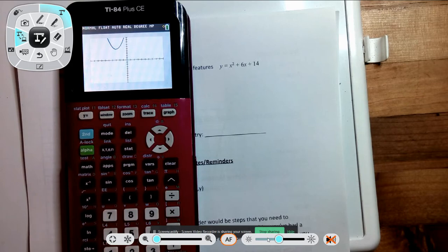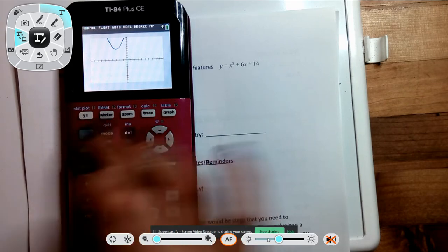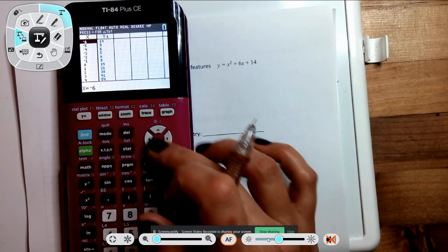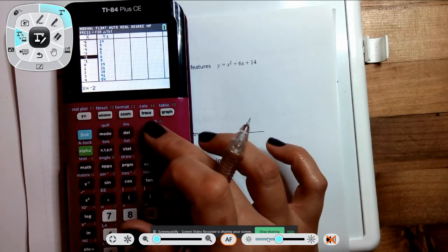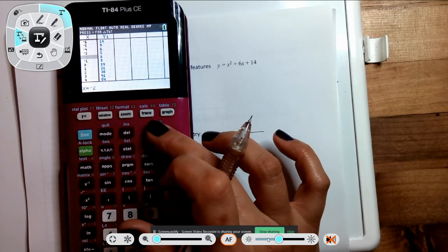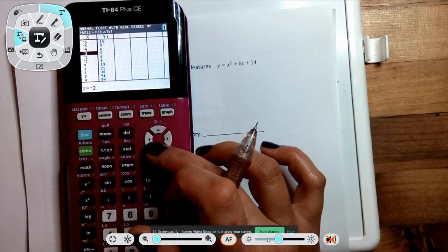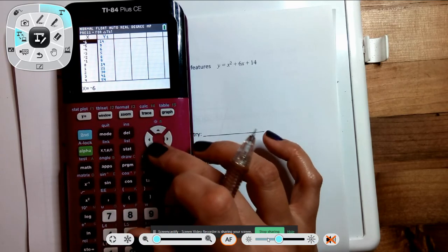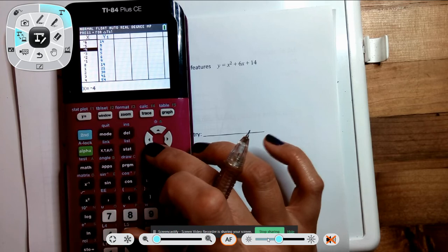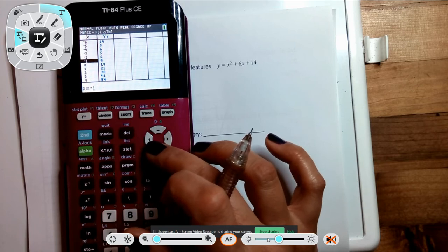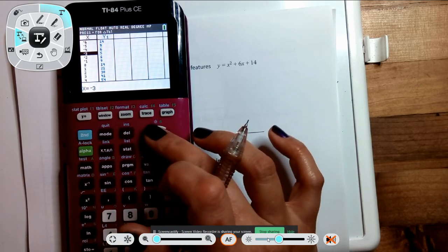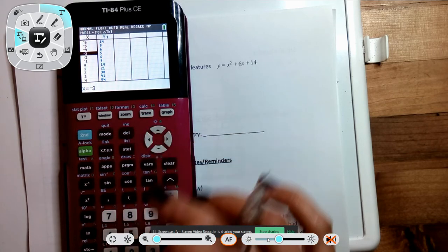Now, I'm going to look at my table and I'm going to check the minimum just so we can kind of see. So I'm looking for the lowest y value, which looks like it might be at 5. Okay, so notice here, I go from 14 down to 9, down to 6, down to 5, and then it changes direction and starts going back up the same way on the other side. So it looks like it's probably at -3.5.